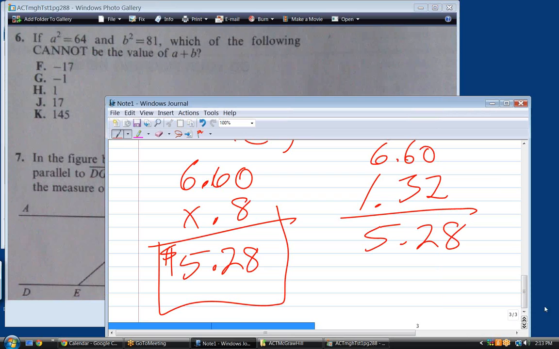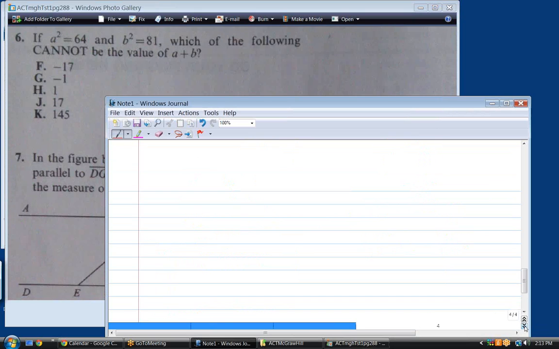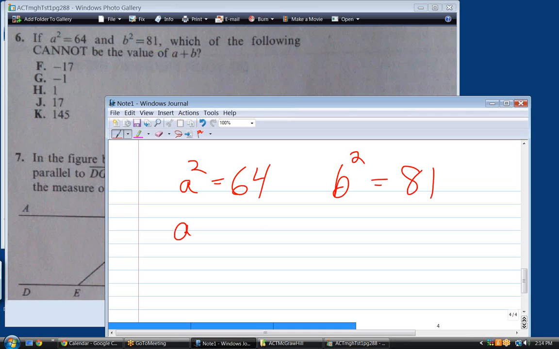Number 6. All right, 6. What's A? What does A equal?